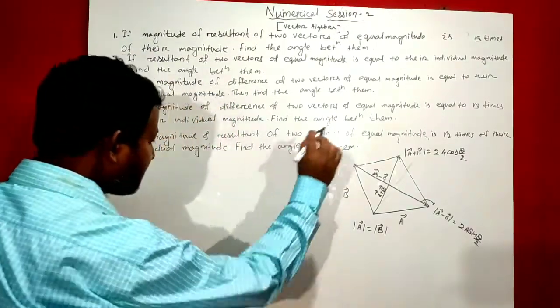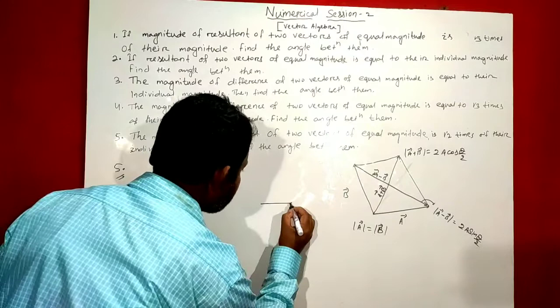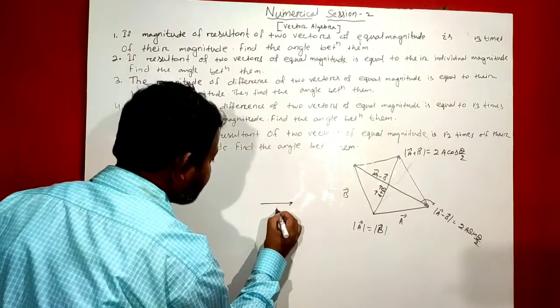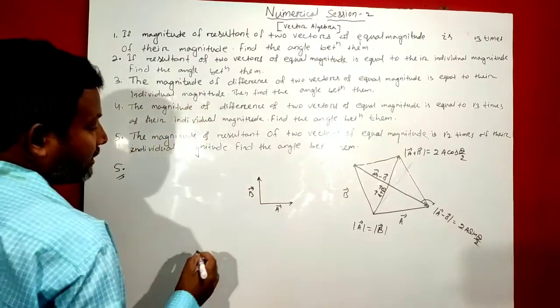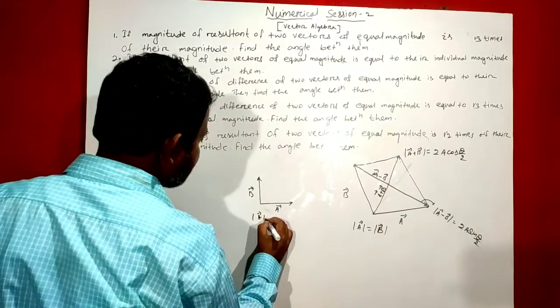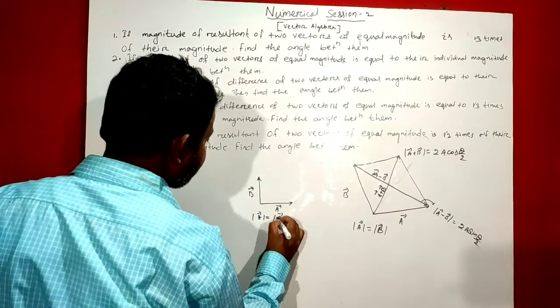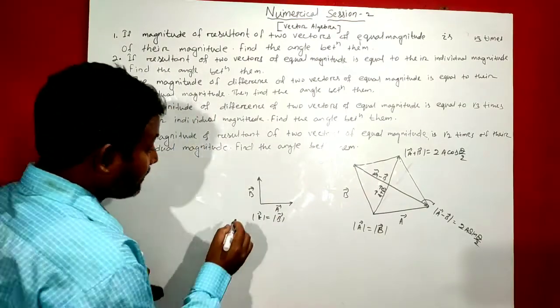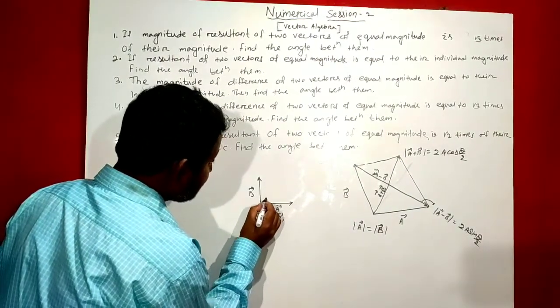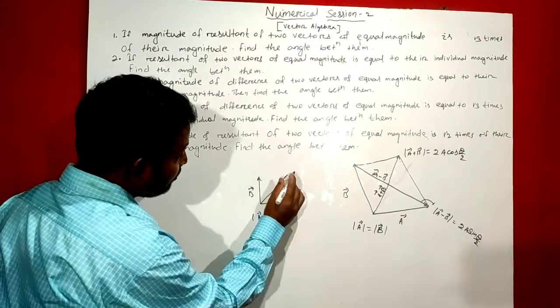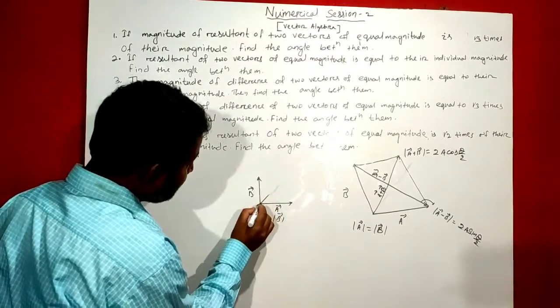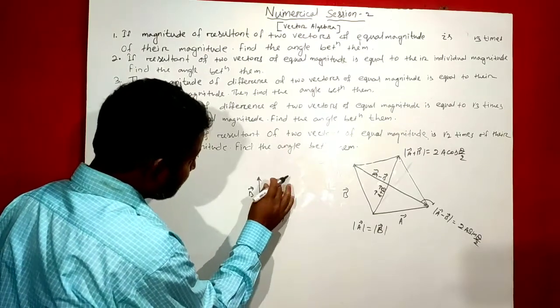That means let this be the A vector and this the B vector. The magnitudes are equal. This is the A plus B vector according to the parallelogram law of vector addition.